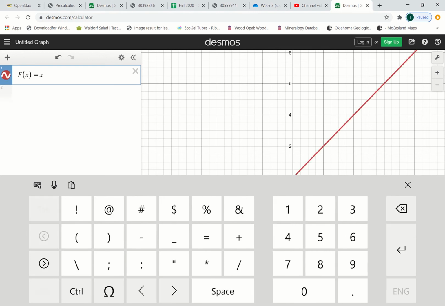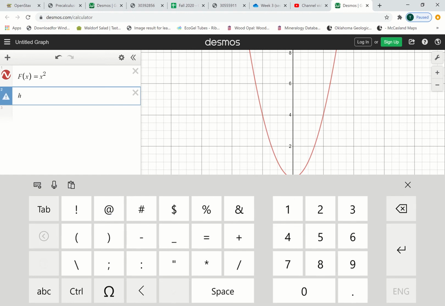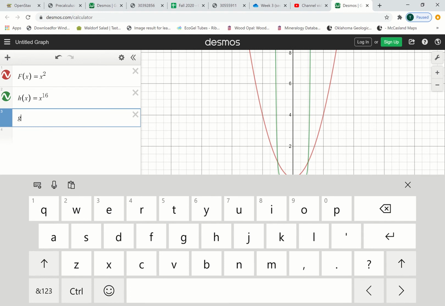Equals x squared. And then we can have h of x equal x, let's say to the power of 16. That looks good. And now let's take it to an extreme.